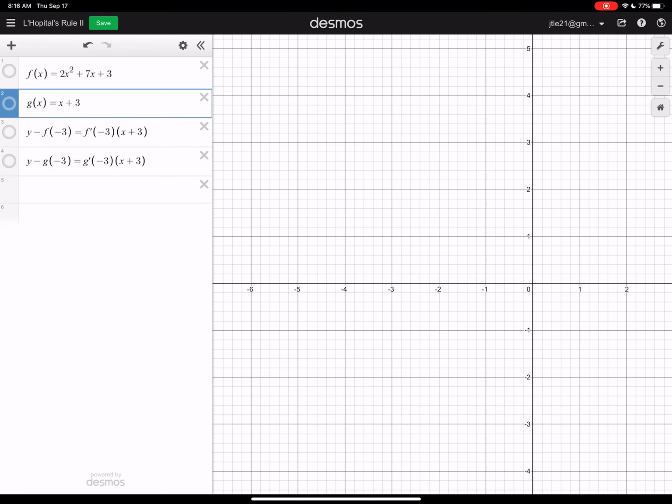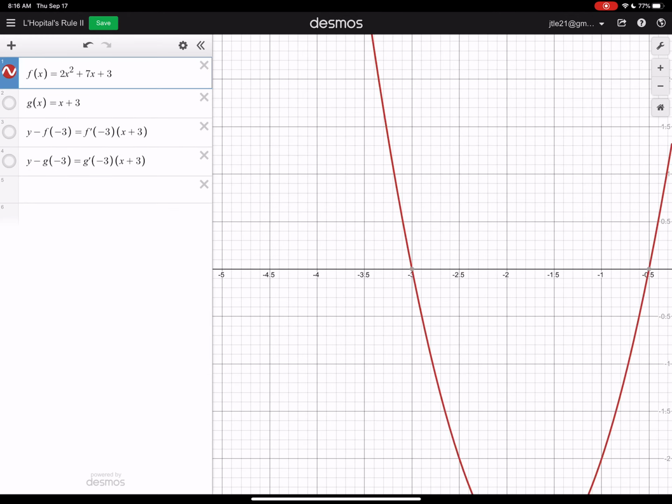So here on the upper left, you notice that I have the numerator as f of x. Okay, f of x is the 2x squared plus 7x plus 3. And g of x is the x plus 3 in the denominator. Okay? So don't worry about everything else down here. So here is f of x, the numerator. And we notice that we want to get arbitrarily close to negative 3, right? And if you notice, at negative 3, we get 0.